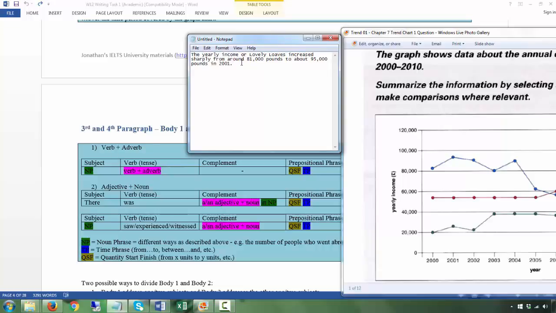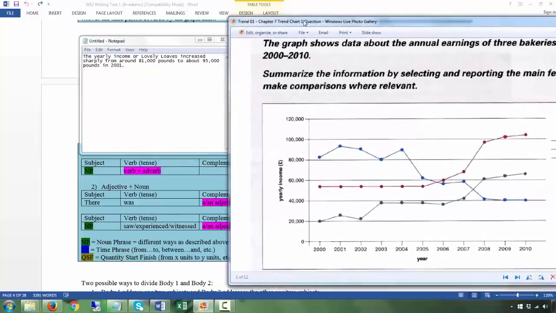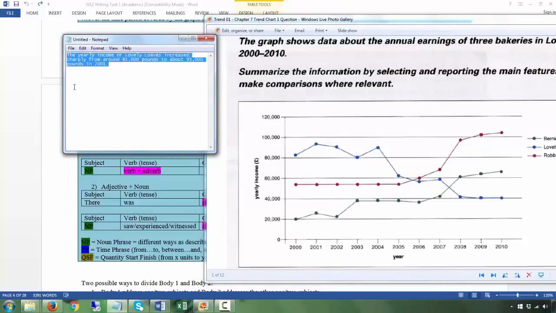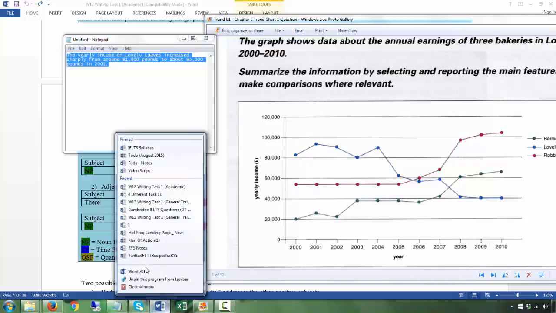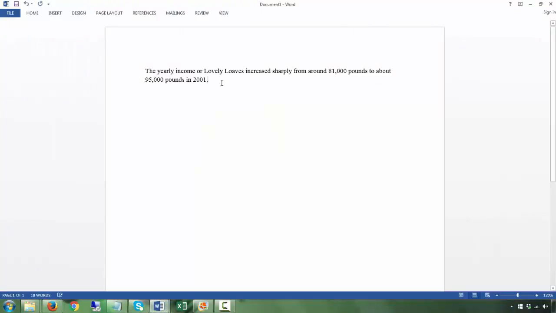Now, I'm not saying that you have to write this in your Task 1. I wouldn't write this, because I'm just describing in one pretty long sentence. Let's have a look at how long this actually is. This is a long 18 words.